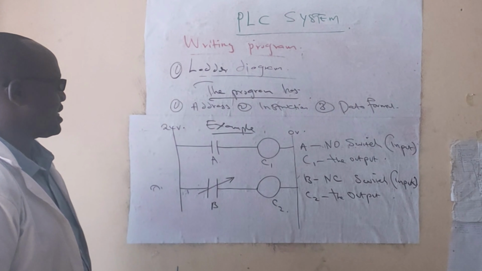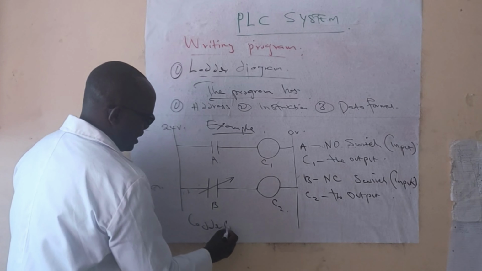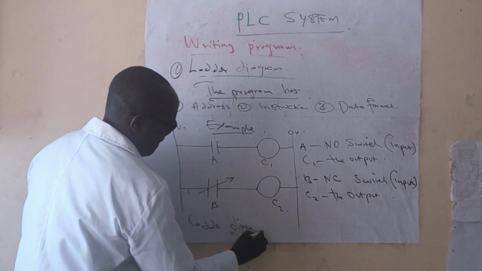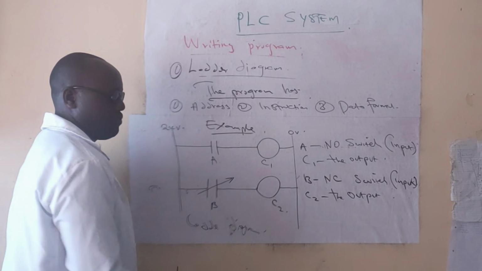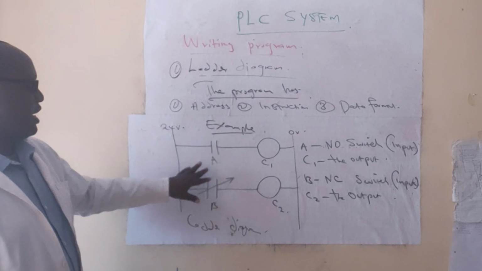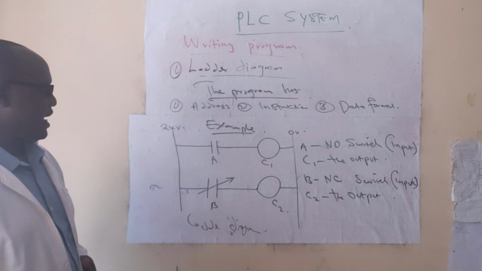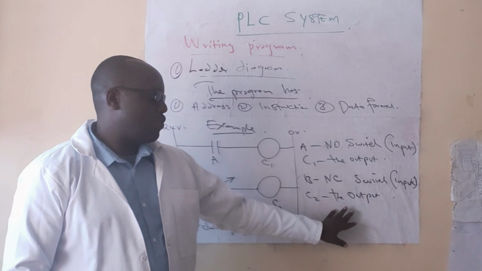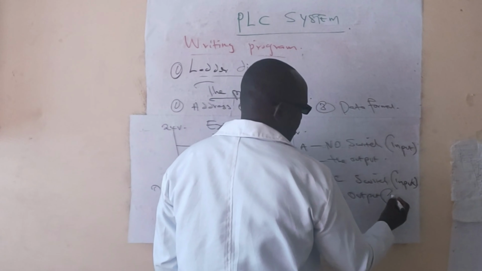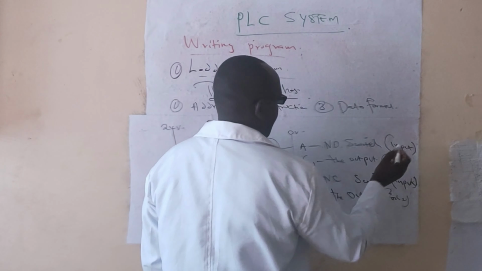So this is an example of a ladder diagram. We say the inputs are usually contacts and the outputs are the coils. This is coil 2, and this one is coil 1.